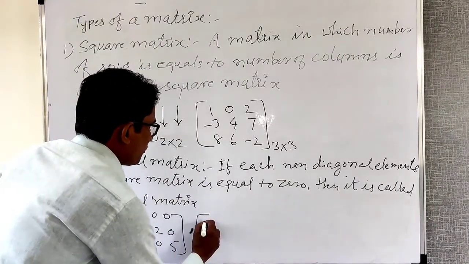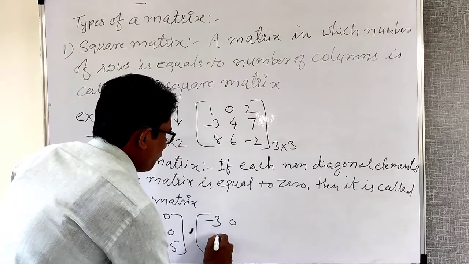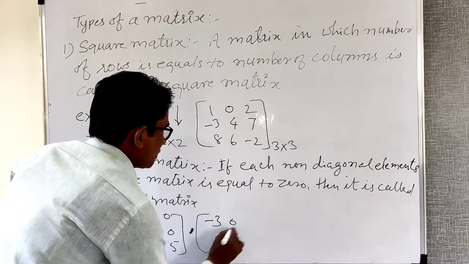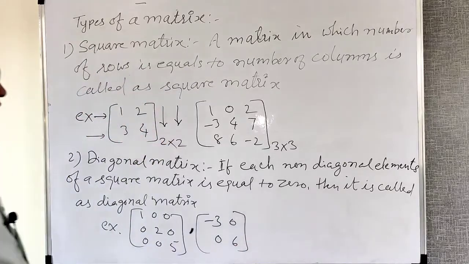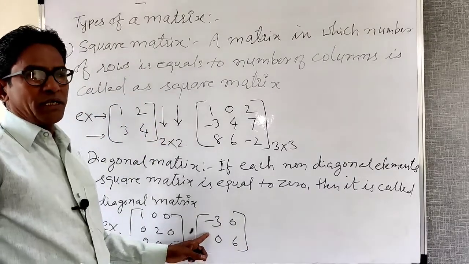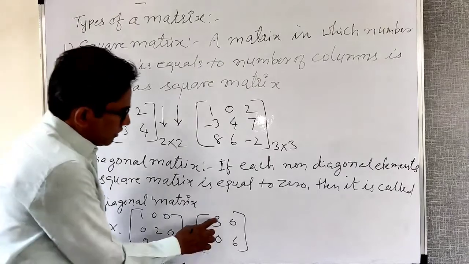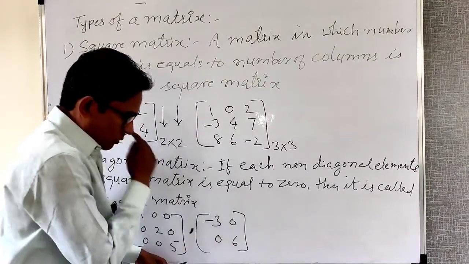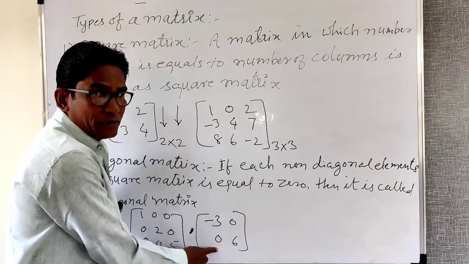Take one example, -3 0, 0 6. Now look at this matrix. The diagonal elements are -3 and 6. So the remaining elements are 0.